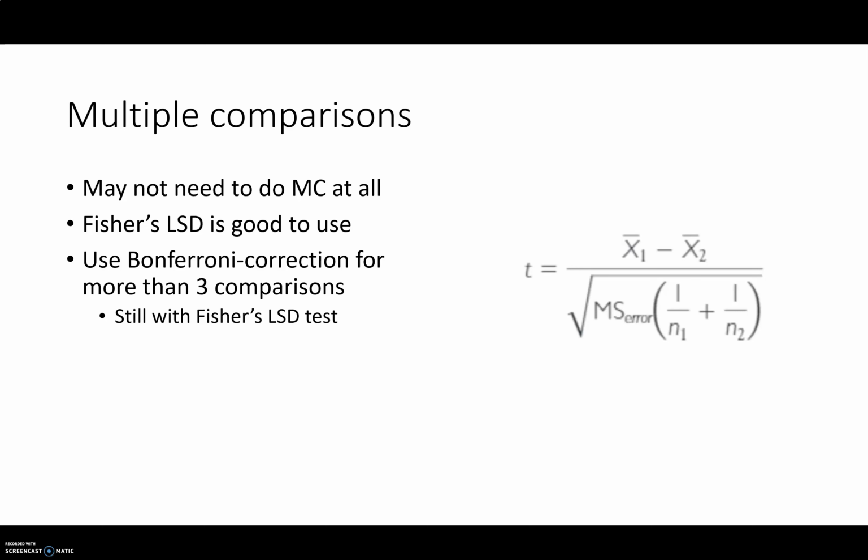Okay, so multiple comparisons. You remember this is something that you can do post hoc, some pairwise comparisons post hoc. With an ANOVA, you're comparing three or more means, and you'll do an omnibus test at first, which gives you an F statistic.